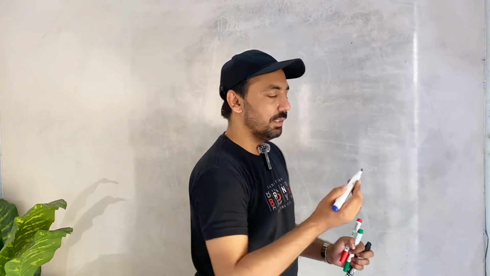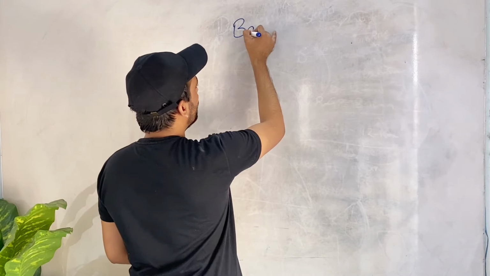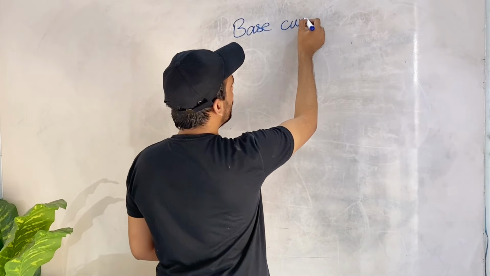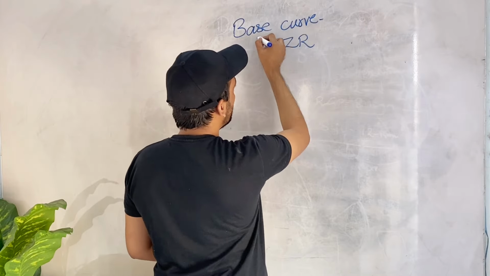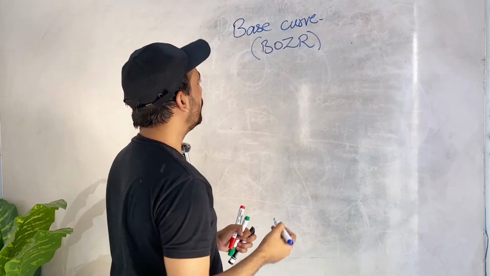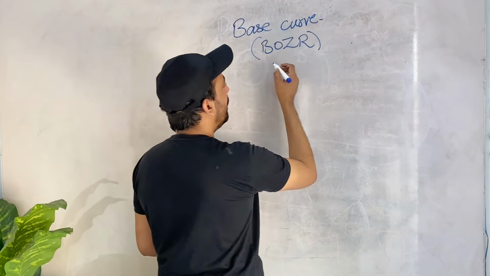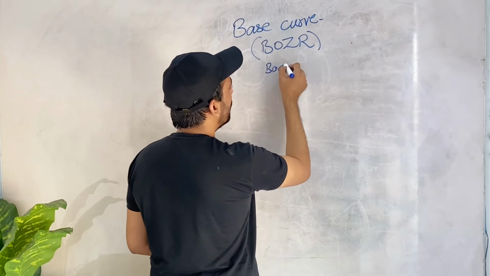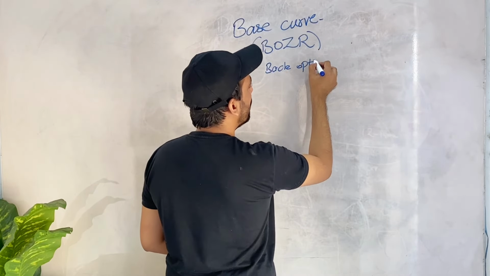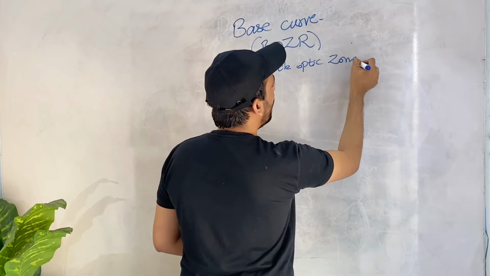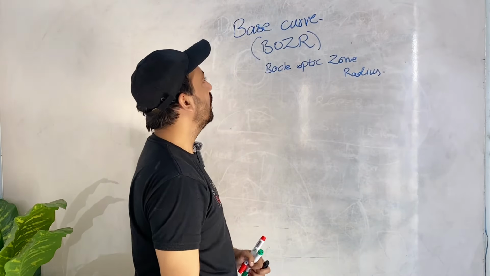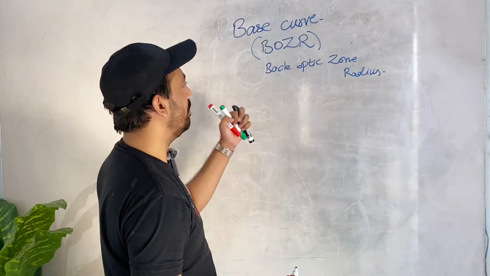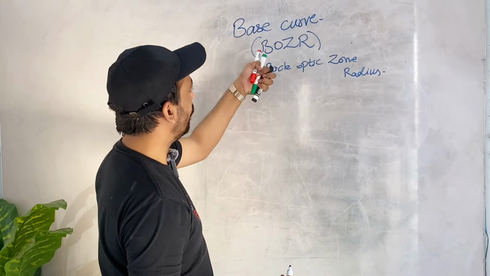Remember that the base curve is also called the BOZR. BOZR means the back optic zone radius, and it is also called the base curve.